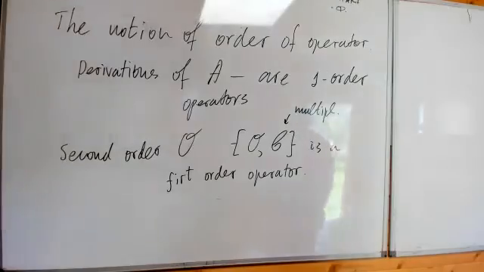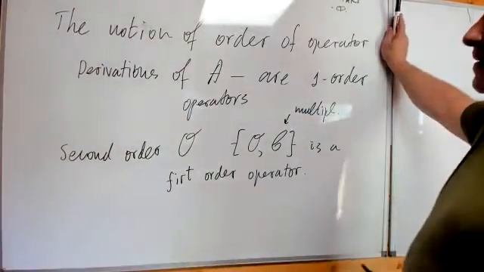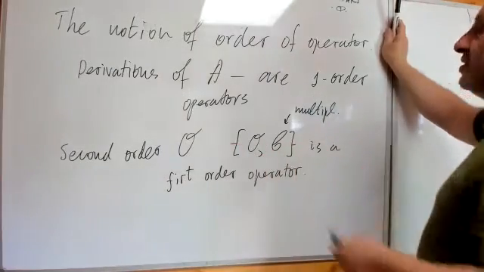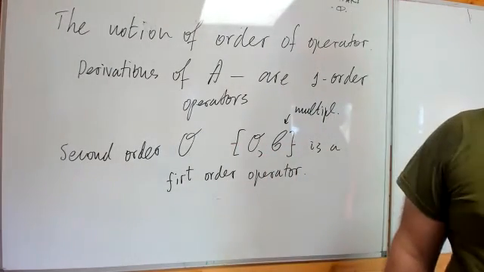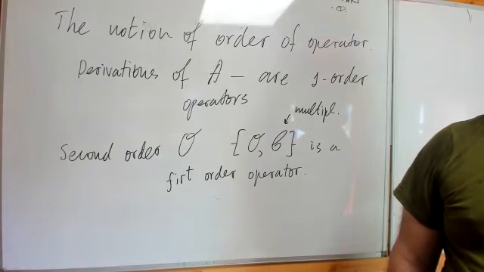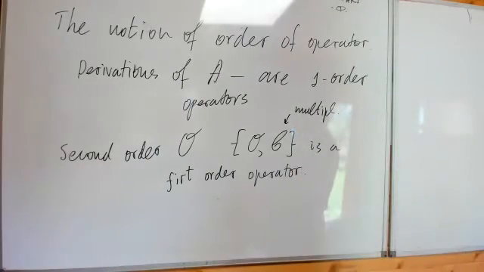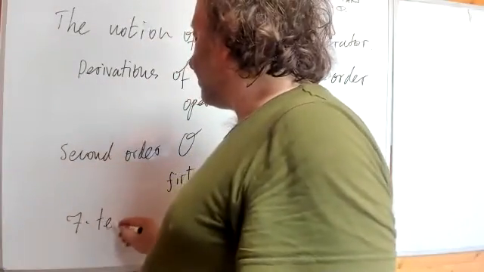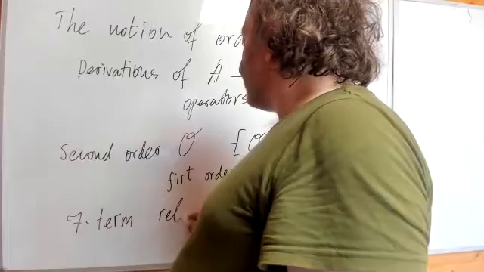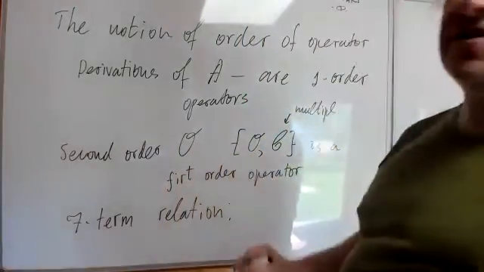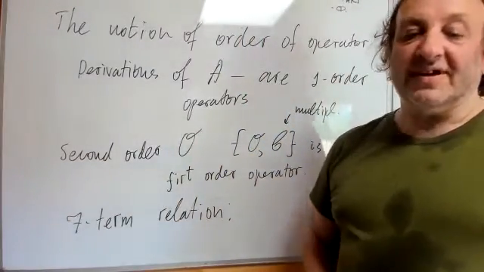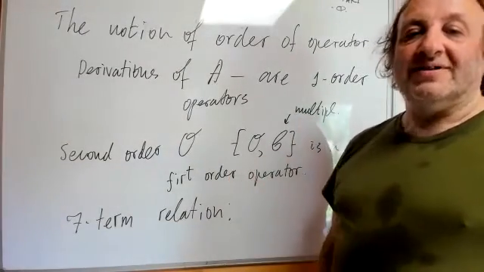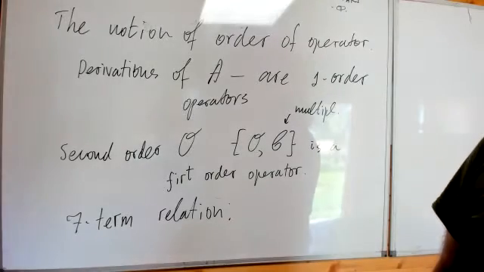However, there is also another way to write it down without using the notion of a first order operator, and this is called the 7-term relation. Let me discuss what the 7-term relation is, and then show how second order operators are compatible with it.